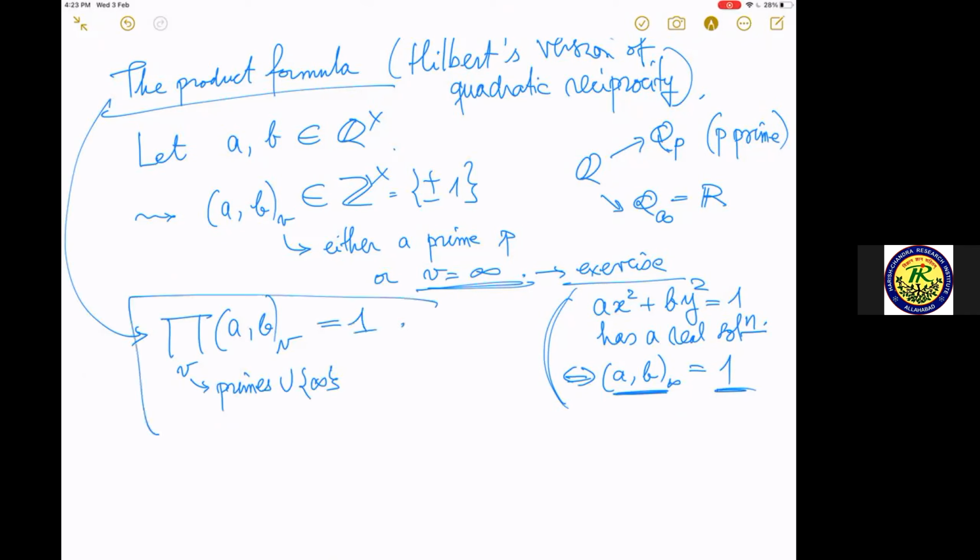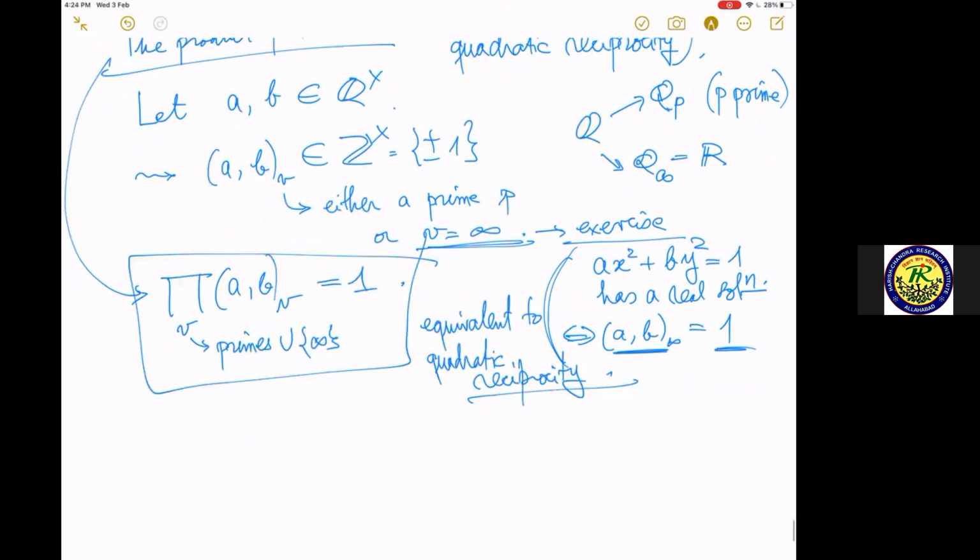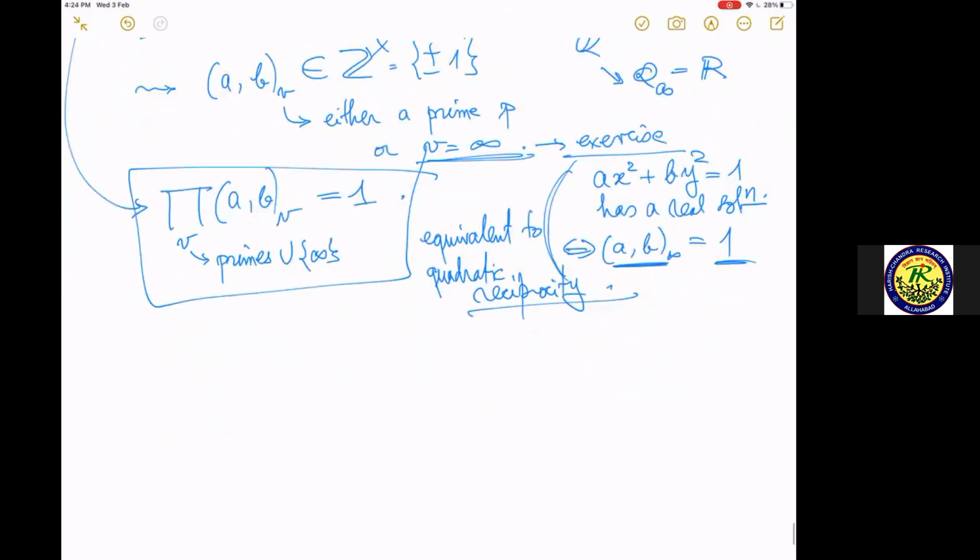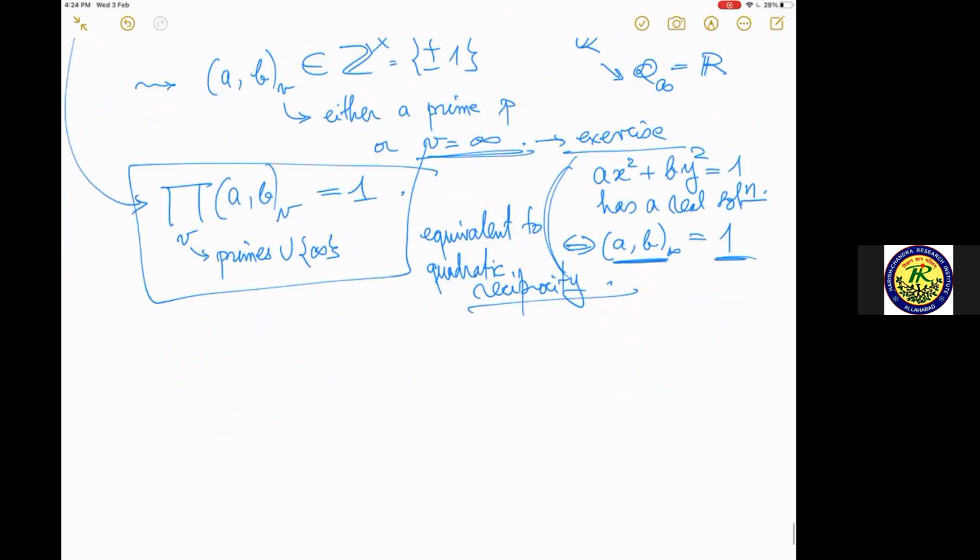This is the product formula, and this is equivalent to the law of quadratic reciprocity.